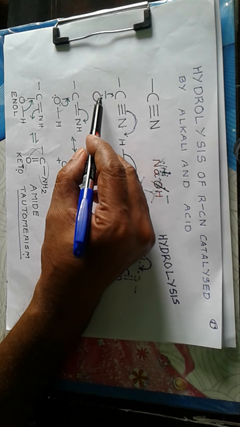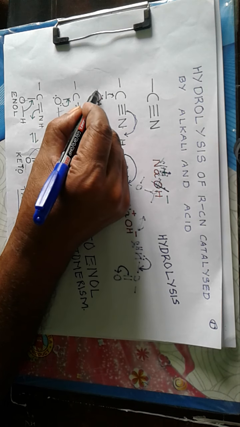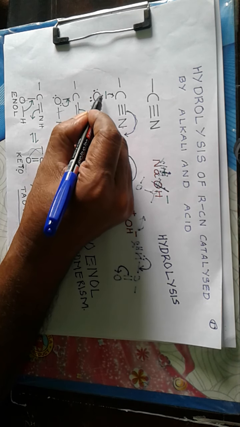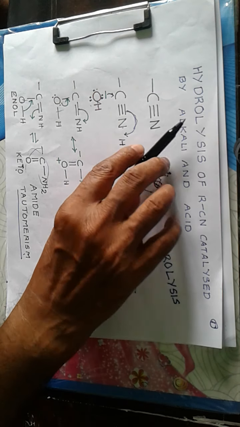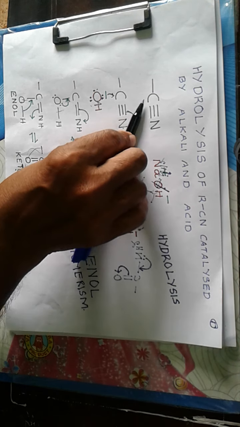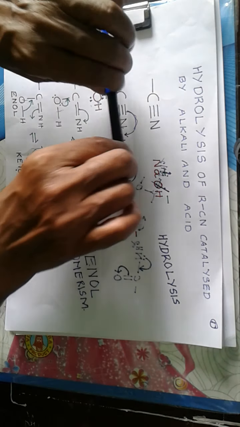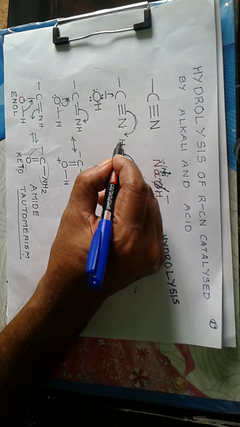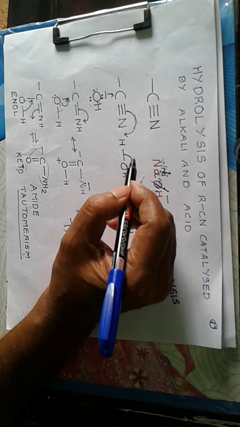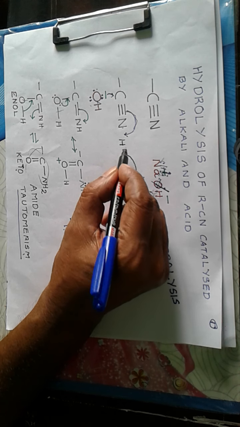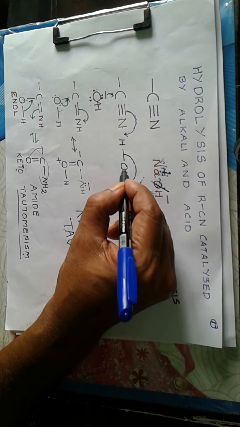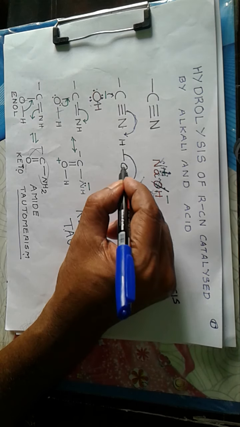OH negative attacks this carbon of cyanide. One lone pair of oxygen, which now has 3 lone pairs, is donated to carbon, and simultaneously the CN pi bond rotates through an angle of 180 degrees and reaches the H atom of an H2O molecule, and there HOH ionizes as H positive and OH negative, and this OH negative is given to Na positive so that NaOH is created back.